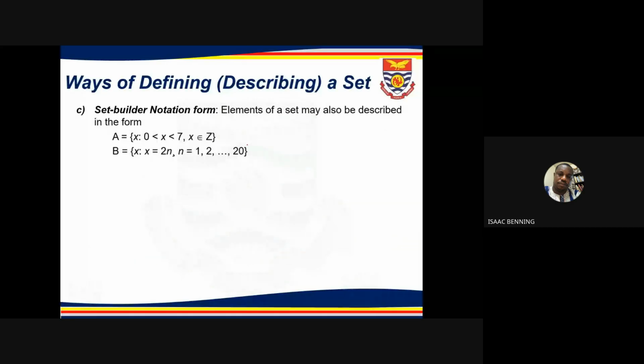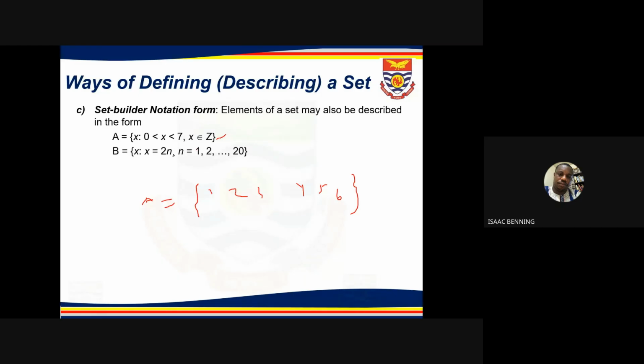Then the next way is what we call the set builder notation. So when we look at our first set, which was 1, 2, 3, 4, 5, 6, we want to write this set in set builder notation form.